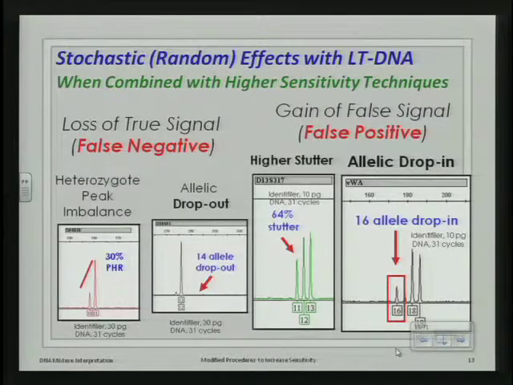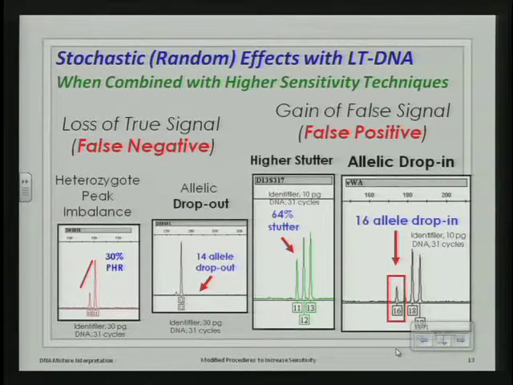The other possibility is that you could gain a false signal. So again, I showed this example earlier. This is 10 picograms, 31 cycles, with exaggerated stutter here, 64%. So is this a single source sample, or is this a mixture of two different people or three different people? This can confound interpretation. You can also get what's called allelic drop-in, which is sporadic potential contamination.